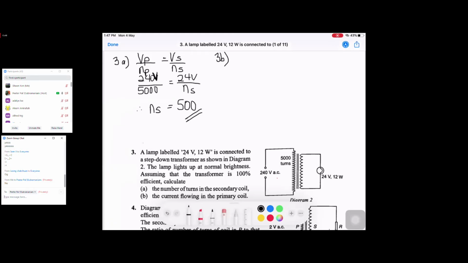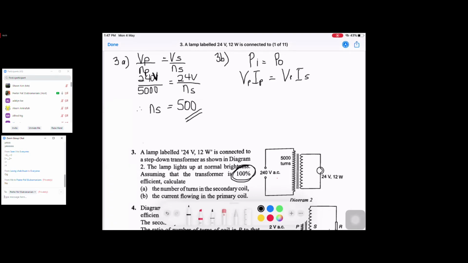When we say 100% efficient, input power is equal to output power. Input power is VI of primary, because this is input. Output power is also VI, but this is secondary.